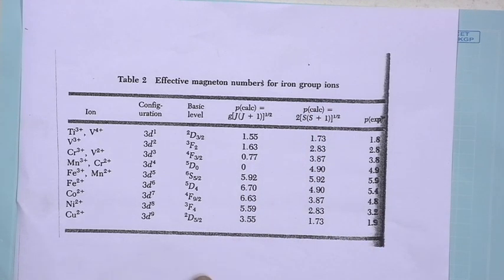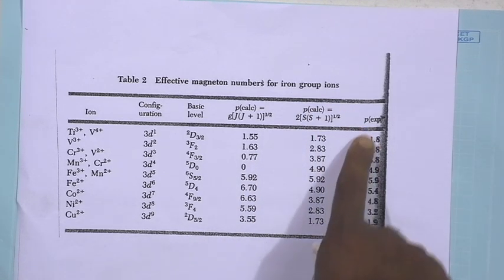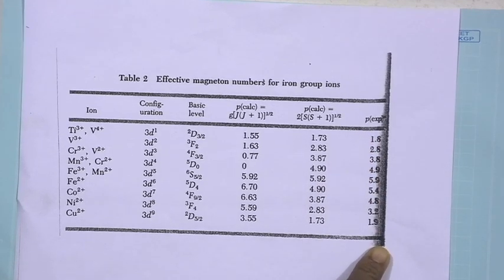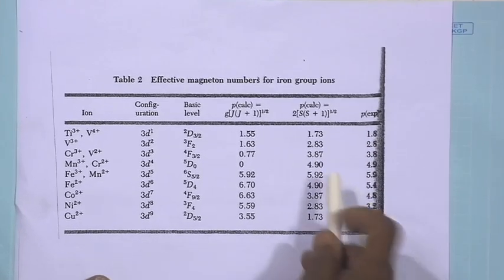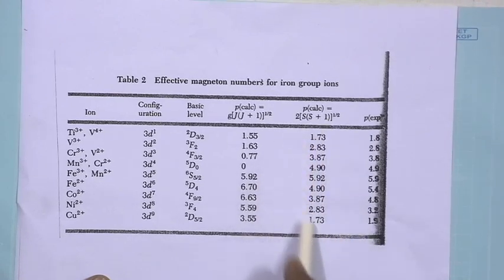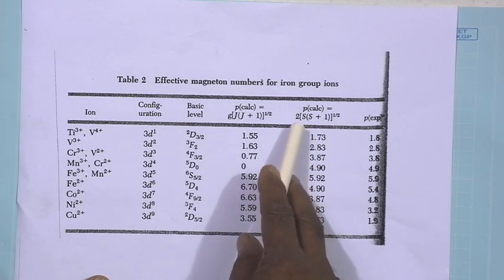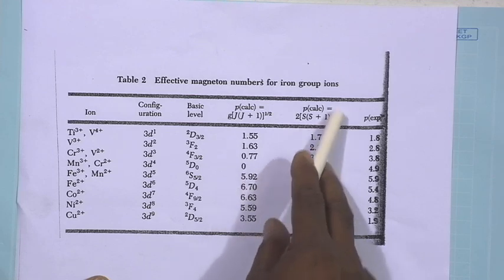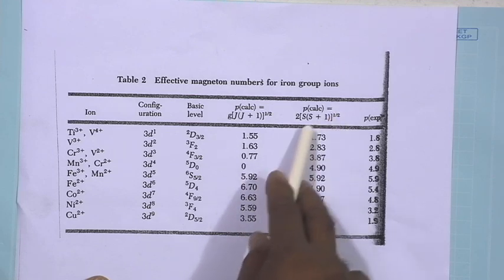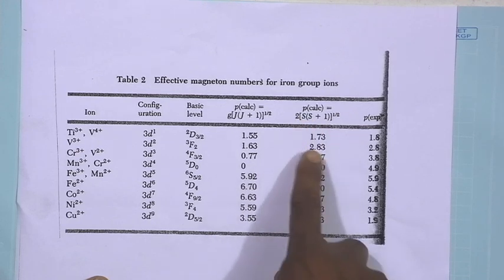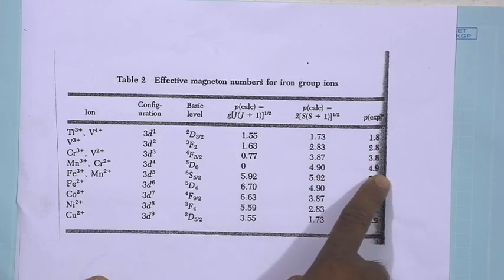Now, you see experimentally this value is found. Here you can see the experimental values are close to this P effective, that is (2S plus 1) to the power half.